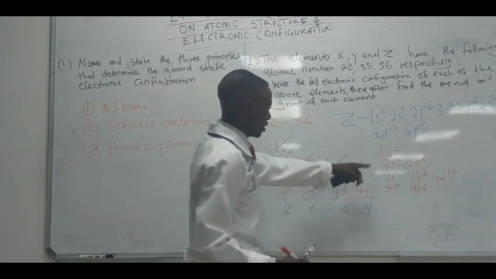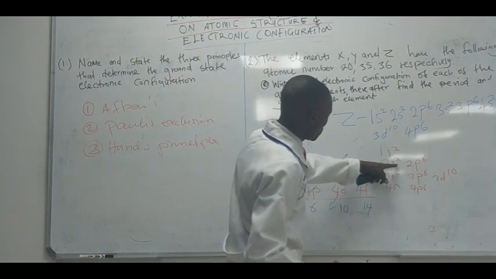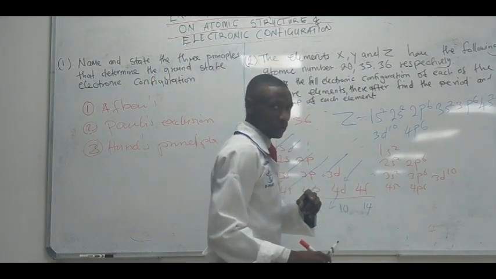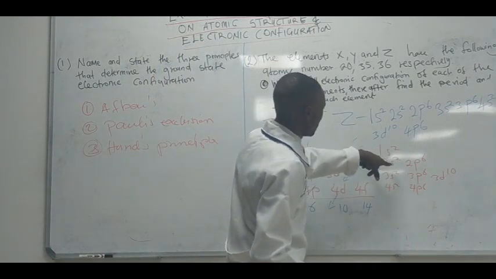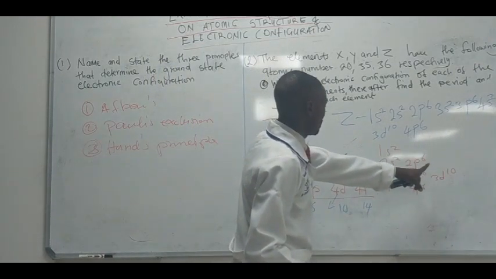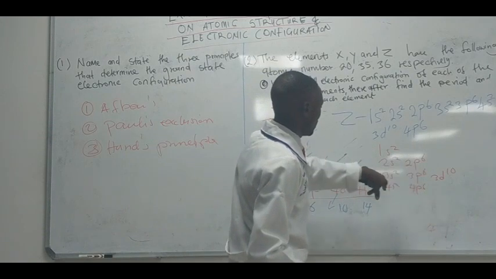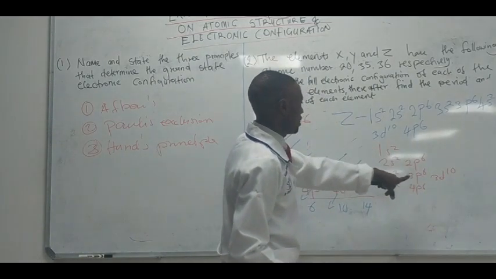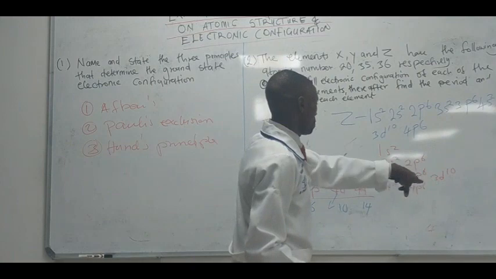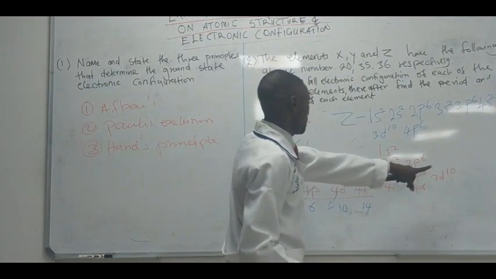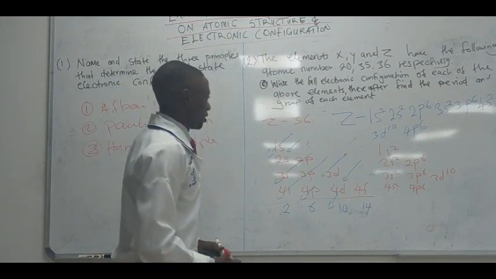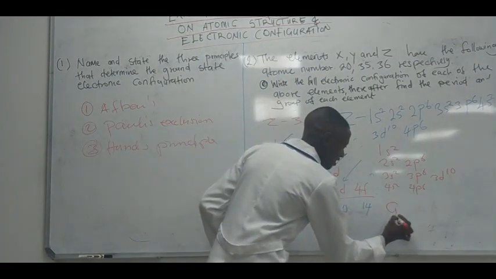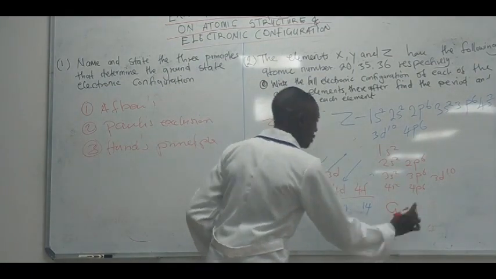Okay, let's do a counting. 2, 4, that's 10, 12, 18, 20, 30, 36. We are good. So group and period.